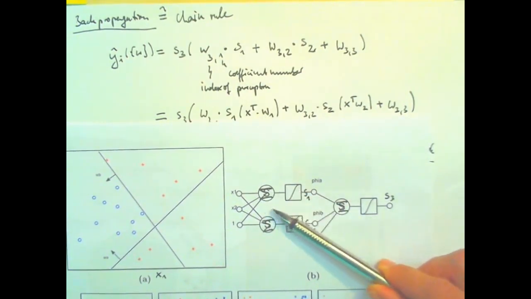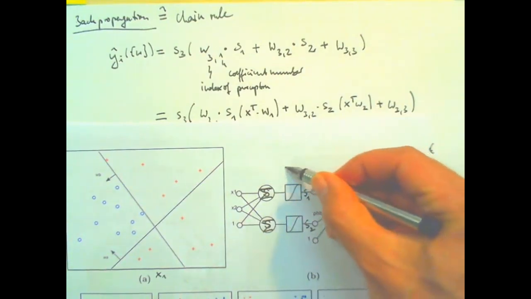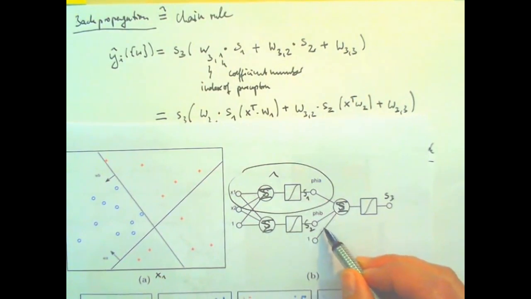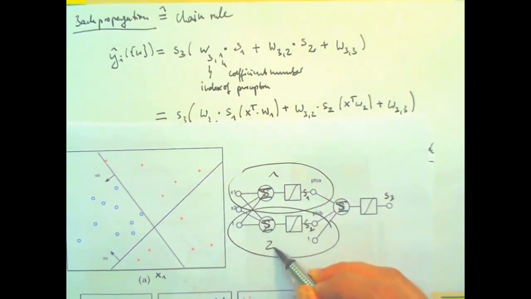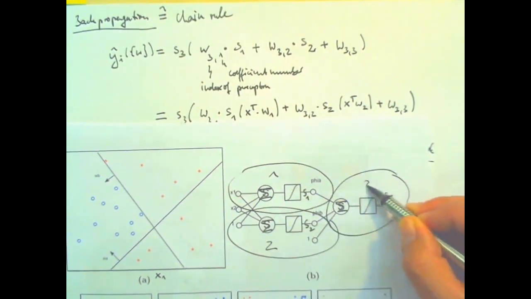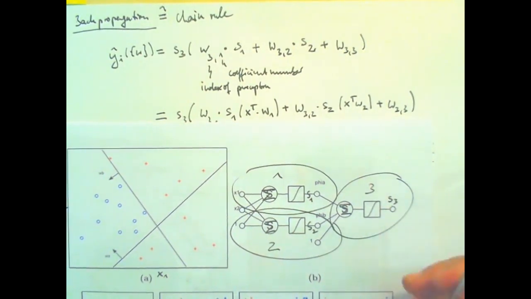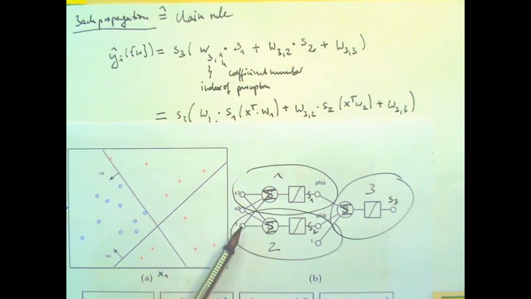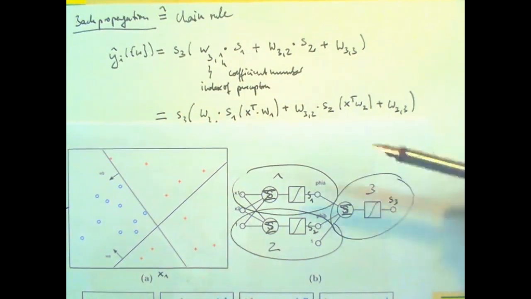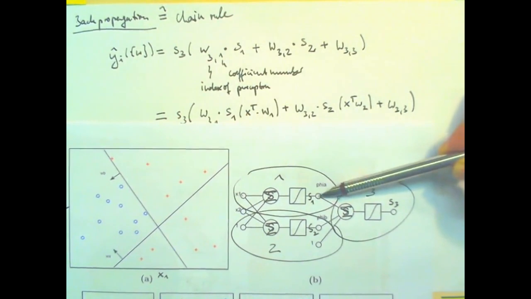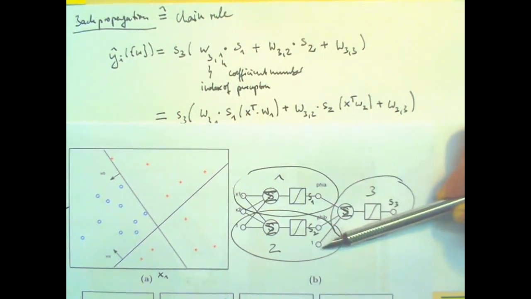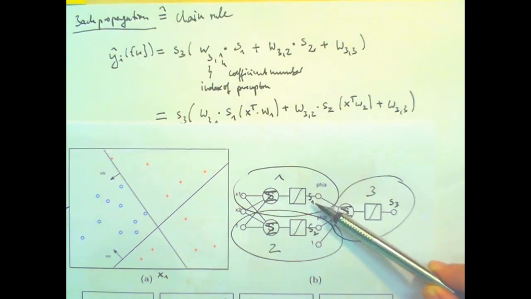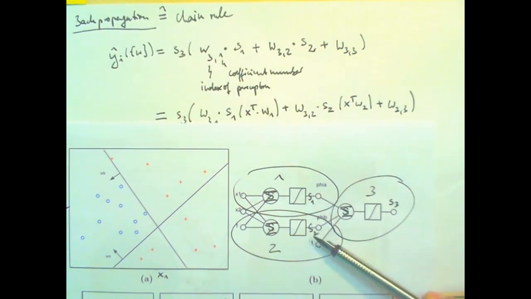So this thing here is perceptron 1, and that thing here is perceptron 2, and this is perceptron 3. And you see the original perceptrons had as input the original features, and the second layer perceptron has as input these artificial features that were generated as output from the first perceptrons. And I abbreviate the output of the first perceptron by S1, and the output of the second perceptron by S2.